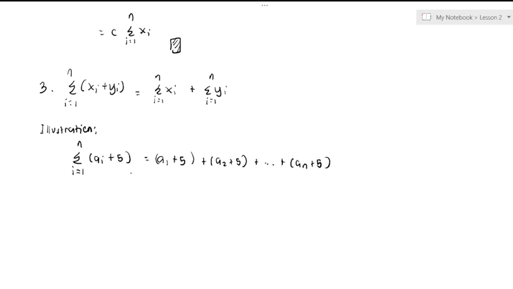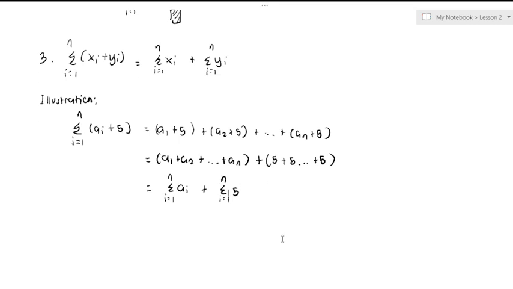And then, since addition to, pwede natin pagsamahin yung mga a sub 1, a sub 2, up to a sub n. Tapos, pagsamahin natin yung mga 5. And then, ibalik natin sa sigma notation. So, this is summation of a sub i, i equals 1 to n, plus summation of 5, i equals 1 to n.